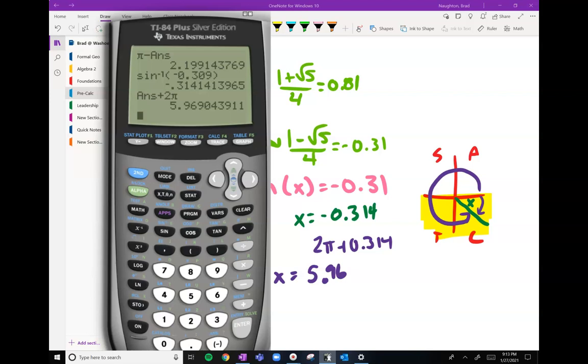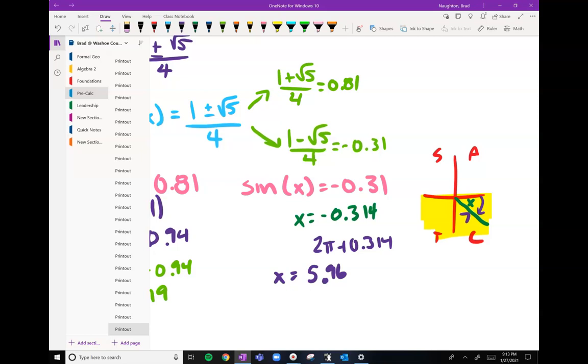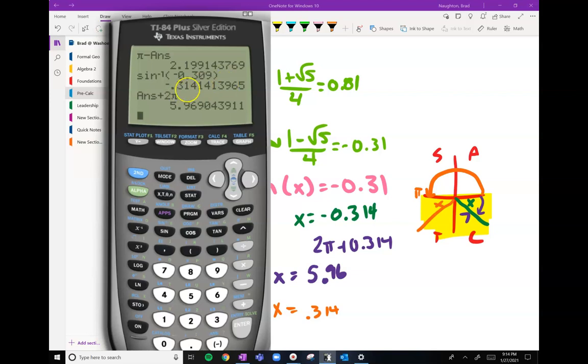Alrighty, and so we have it right here. But remember, we need that same reference angle. If I erase this over here, we'll do this in orange. So I need this x. I need a pi, because I'm going to go all the way to here, and then that little extra that we've called x. So in our next one, we're going to say x is equal to 0.314. We know it's negative, we can see that right up here, and that's fine.